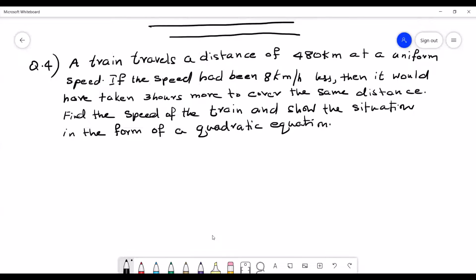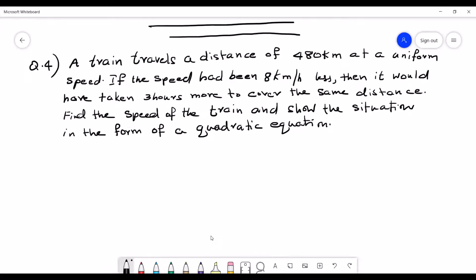Fourth question: a train travels a distance of 480 kilometers at a uniform speed. If the speed had been 8 kilometers per hour less, then it would have taken 3 hours more to cover the same distance. Find the speed of the train and show the situation in the form of a quadratic equation.